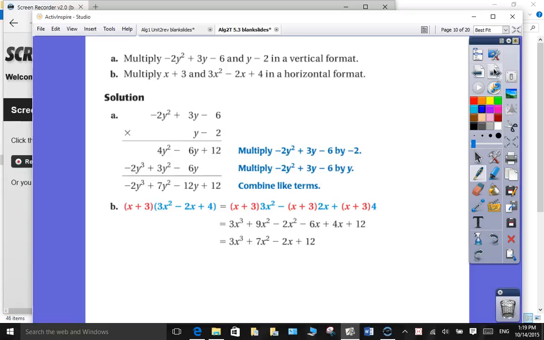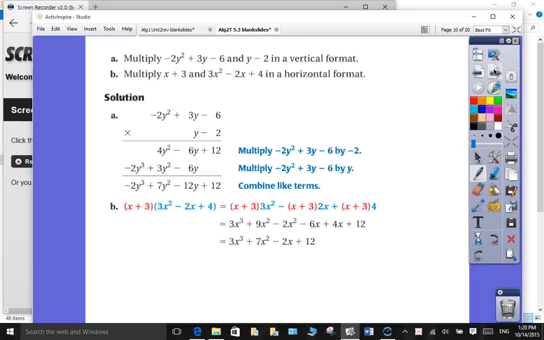I think when I did this, when I was going through Algebra 2 or whatever many years ago, I was probably more or less you just got to make sure you're multiplying everything in one set of parentheses times everything in the other. And I was probably just not really having this line in there, but just going x times 3x squared, x times -2x, x times 4. 3 times 3x squared, 3 times -2x, 3 times 4.